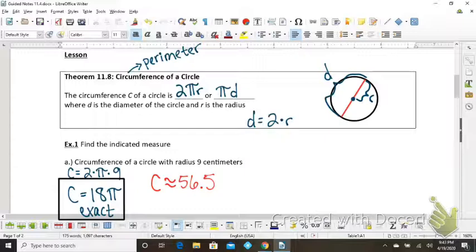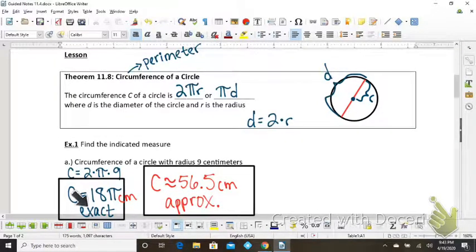I should be putting my units on this since they gave me units. It would be centimeters for both. So this would be my approximate answer. It's usually just easiest to leave it as an exact answer. Sometimes it might be necessary to have the approximate answer, but I'll try to show you both on many of these unless it specifies. All right, let's move on.